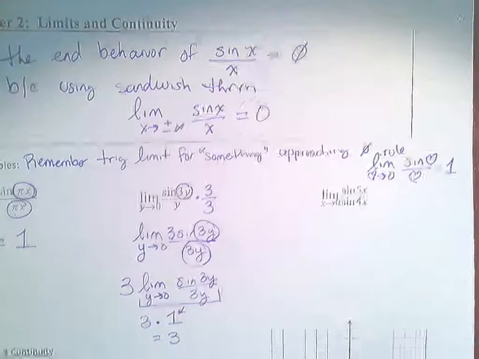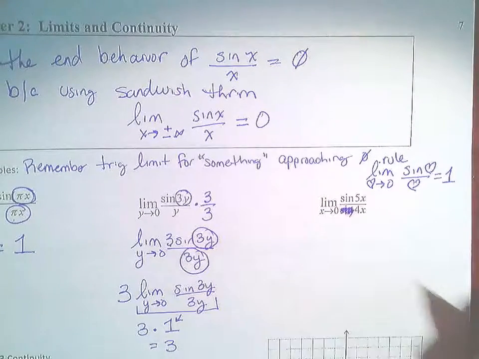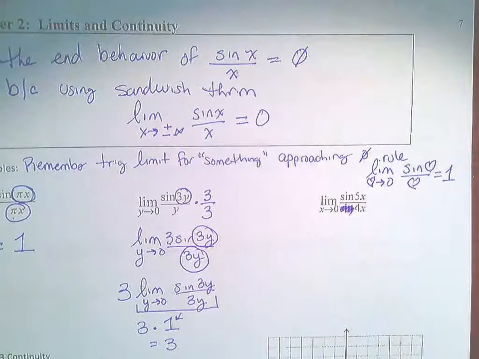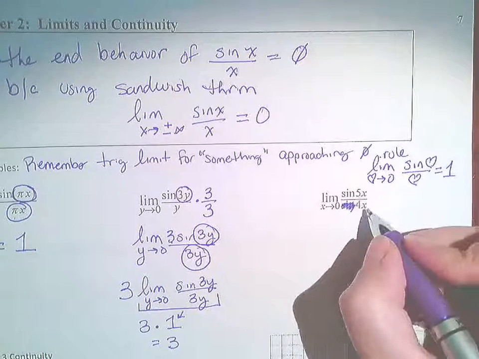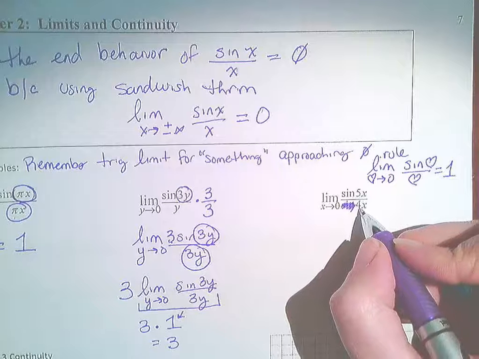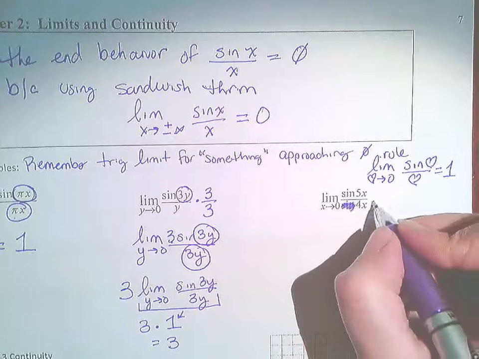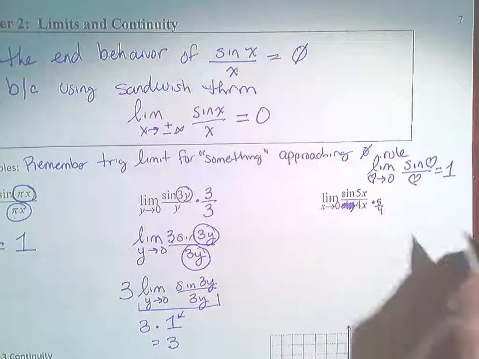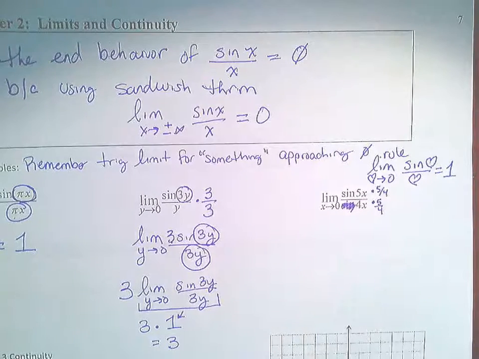Okay? Now for this next example, this was not supposed to be there, so let's cancel that out. Okay? And then once we do this problem, I can't change that 5. So how do I make that a 5? I can multiply by 5 over 4. But of course, what I do to the bottom, I have to do to the top.